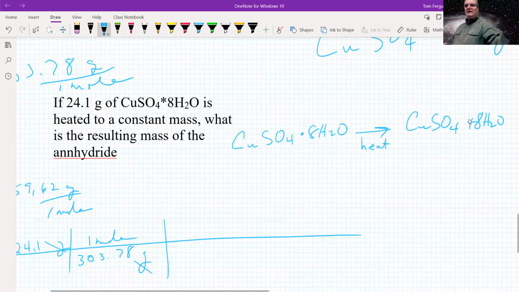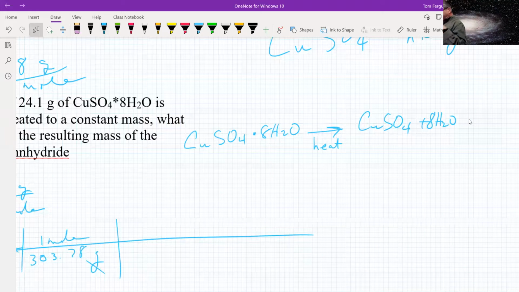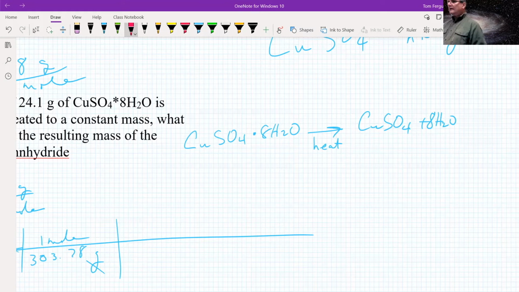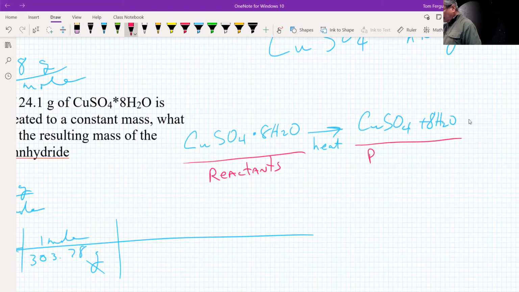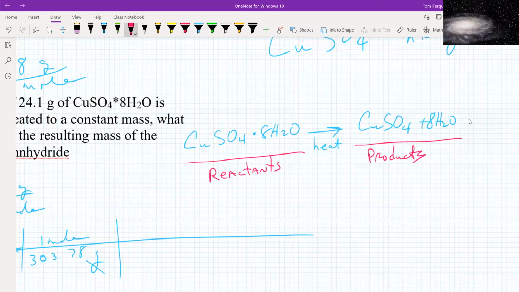We're going to be working with these the rest of the semester. So all chemical equations start with something called reactants. No exceptions. What you create from the reactants are products. So reactants, something happens.